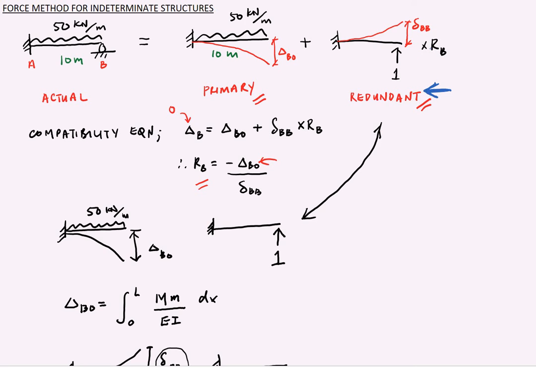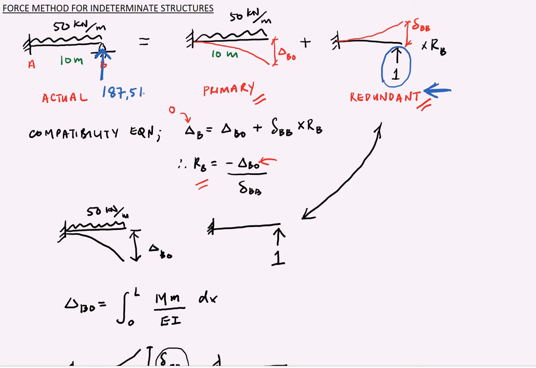RB is a unit load that you put upwards. When you did the calculation, you found that RB was positive, so it simply means RB is actually a positive force pointing upwards with the value that you calculated just now, 187.5 kilonewton.